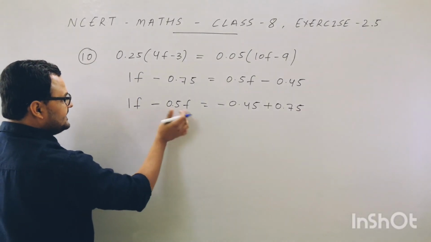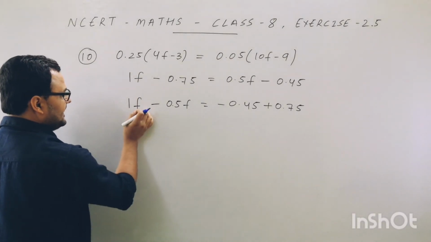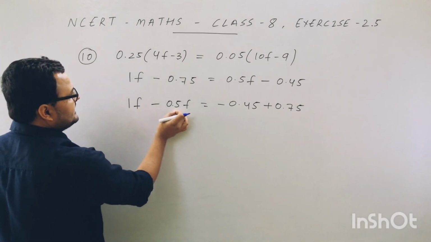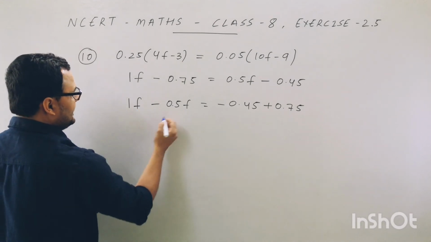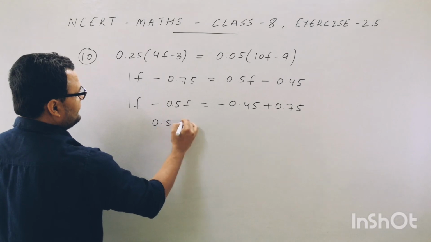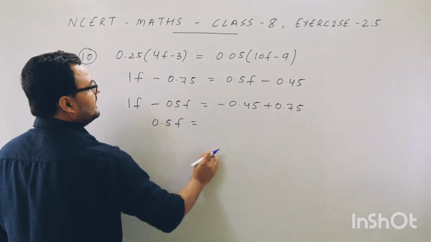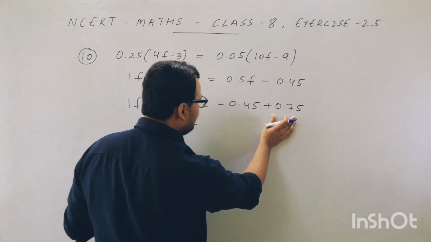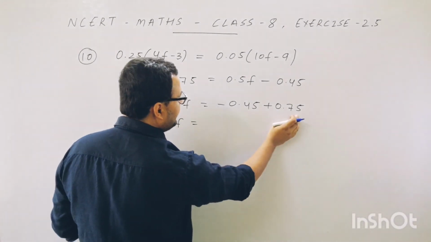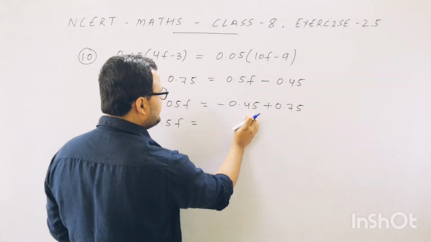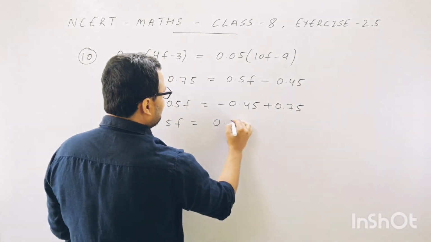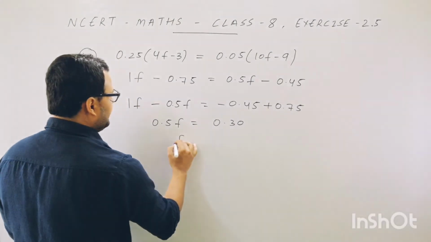Now 1 minus 0.5, that's why I did here 1. So 1 minus half is simply half. So I can write it as 0.5f equal, and 75 and 45. Think 75 minus 45 is 30. This will be 0.30.